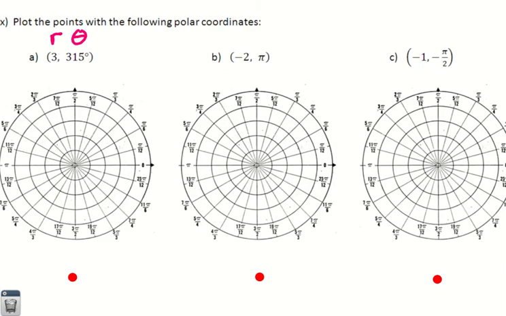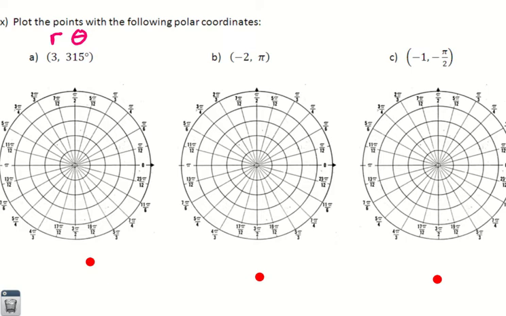And so then in this first series of examples, we're supposed to plot the points that have the following polar coordinates. So where would the dot be that has a radius of 3 and an angle, a theta, of 315 degrees?